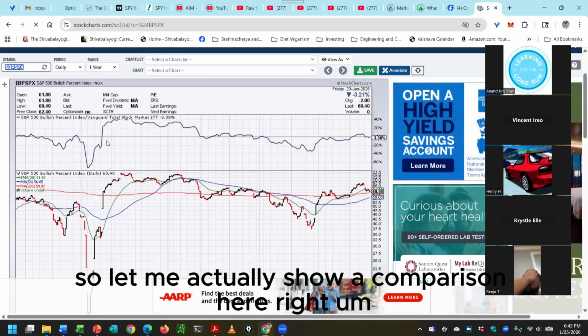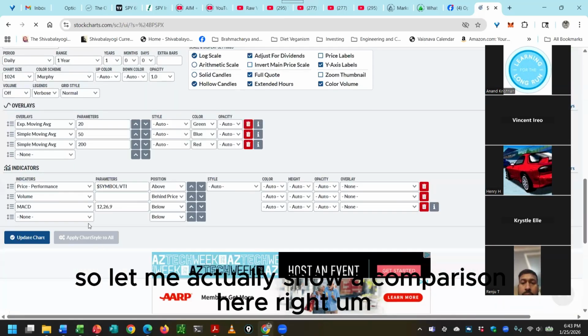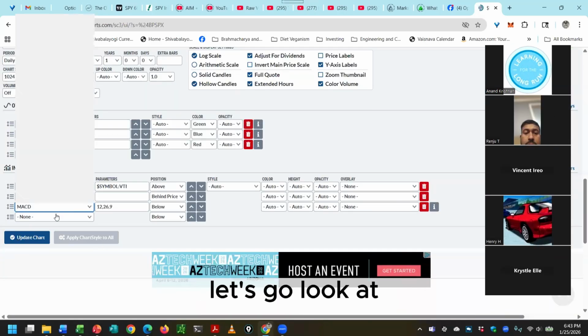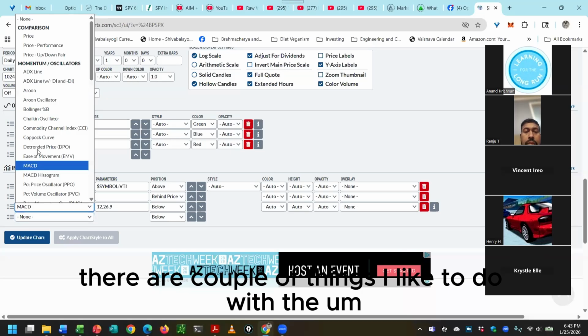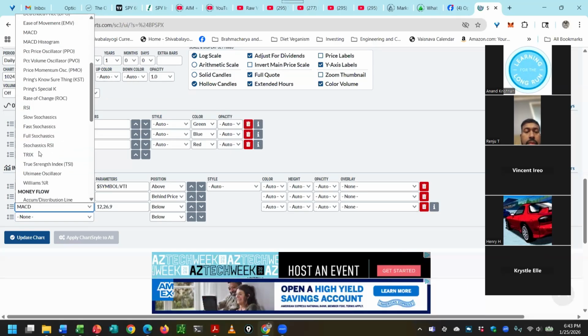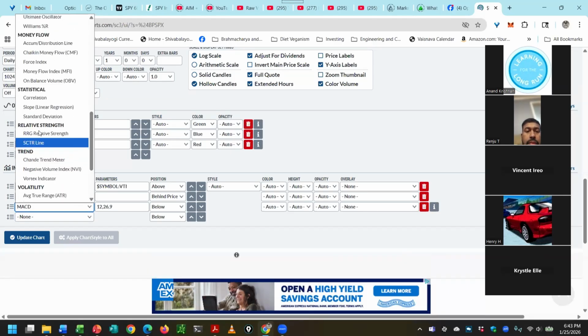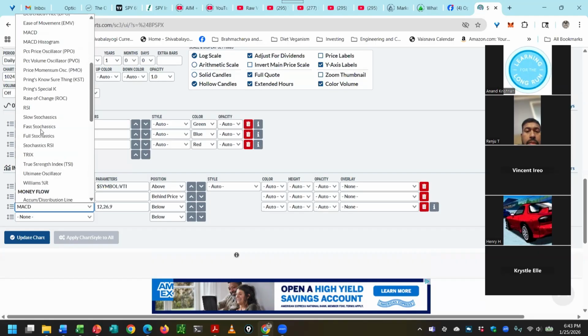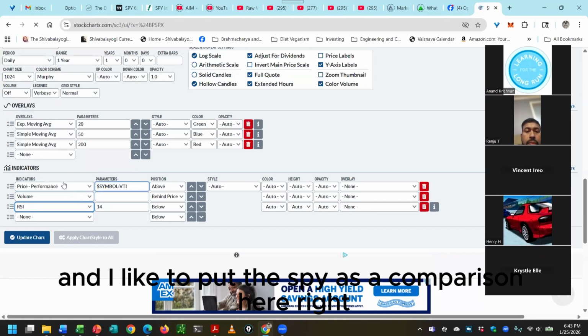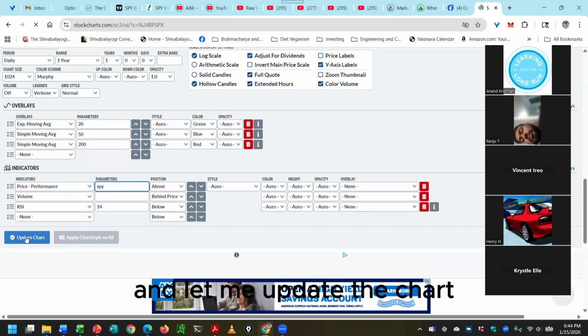So let me actually show a comparison here. There are a couple of things I like to do. I add the RSI, and I like to put the SPY as a comparison here. Let me update the chart.